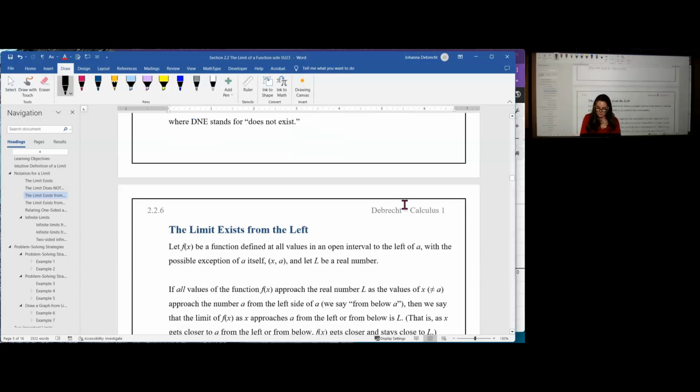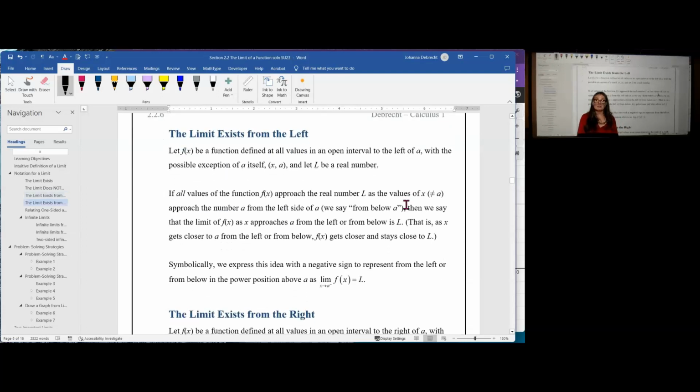Let's now make it more formal when we talk about limits from the left and limits from the right. We can make the same definition that we did for the two-sided limit a second ago, but for values just coming from the left. This means that x is less than a, and it's approaching a from numbers that are less than a, below a, or to the left of a.